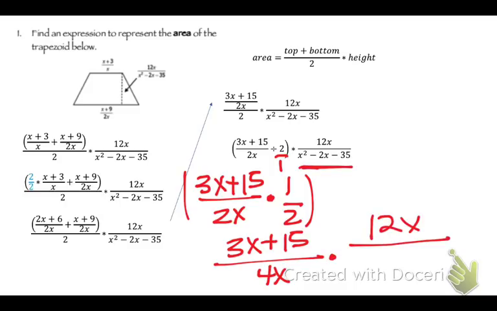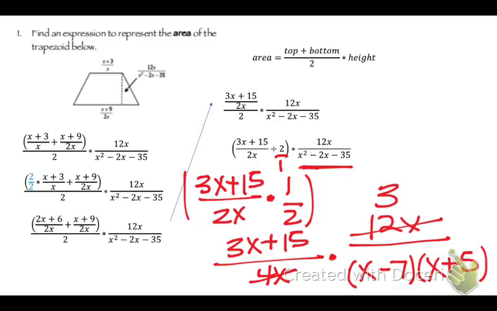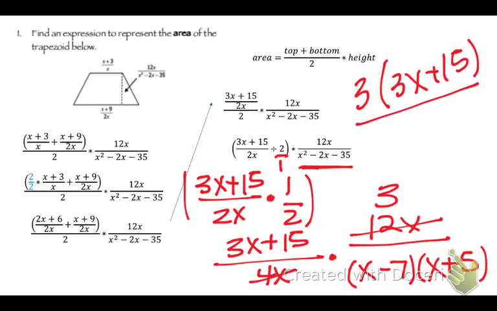This part factors to x minus 7, x plus 5. Okay, now this 4x and that 12x cancels, leaving me a 3. So my final answer here is going to be 3 times 3x plus 15 over x minus 7, x plus 5.